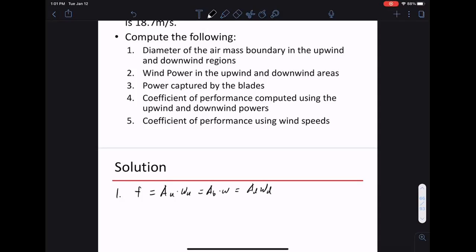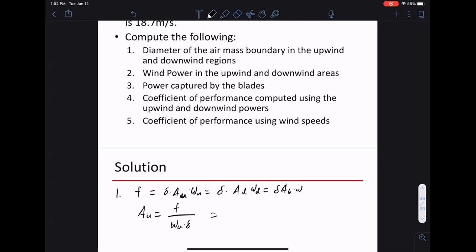So the area is the flow rate over the speed times the density.